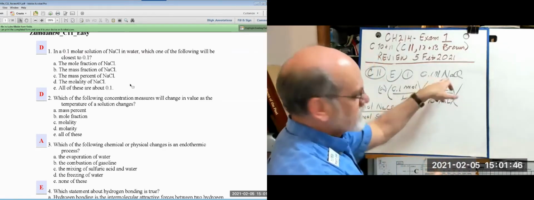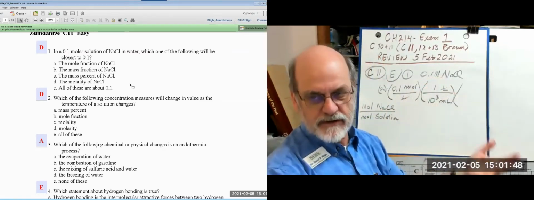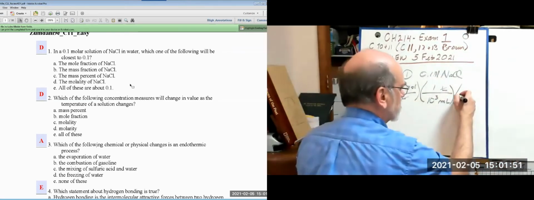So we're saying that this is a dilute solution, dilute enough to give us an estimate.